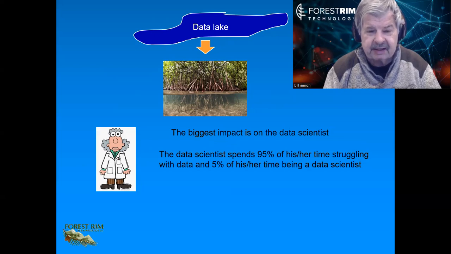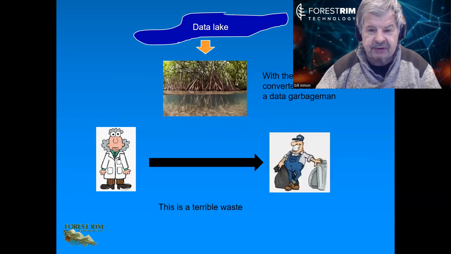Now, the data scientist has gone to school and learned all of these interesting, fascinating things about statistics and correlation and all kinds of different charts. But when they get out to the real world, they find they don't get to use those skills. What they find is that they end up struggling with the data. And when your data is wrapped up in one of these swamps in your data lake, you find out that your data scientist is the person that suffers the most.